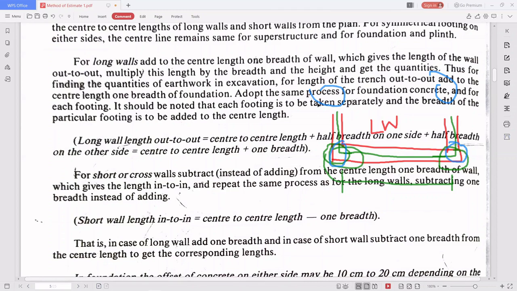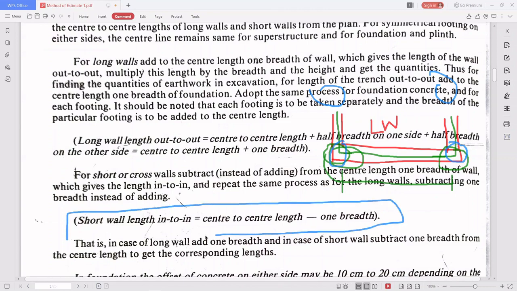So in the short walls, we are subtracting that amount of material. So the universal formula is: for short wall, length is center to center length minus one breadth, and for long wall, center to center length plus one breadth. Just keep this formula in mind. I'll explain it while we are doing the example.